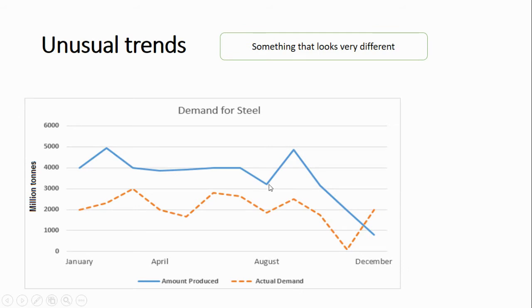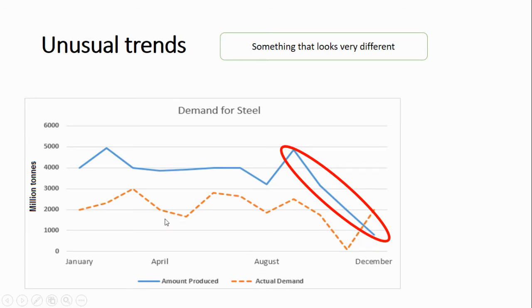And then surprisingly, after it increased, it dropped drastically to lower than 1,000 million tons mark. So for me, this is unusual. Why did it drop so low, right? So I think this is an unusual trend.